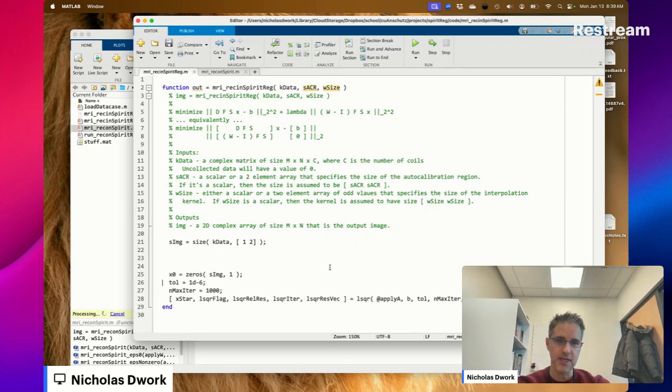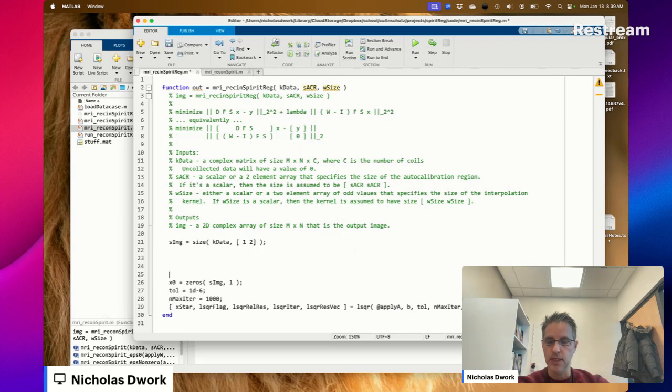Now all we need to create is apply A and B. Let's call this Y. Apply A and B. B is going to be this block column vector, Y0. You know, we can do that right now. We're going to need a sample mask.